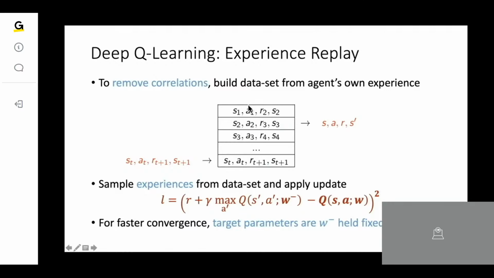Instead, what they do is, once they have this buffer of data, they randomly sample some number of data points to remove these correlations. For each sampled data point, you can see that all they need is S, A, R, S prime, and A prime. A prime is coming from the network itself because they want to take the maximum A prime, correct? So once they get S, A, R, and S prime, that's what they need in order to apply this weight update to the network.